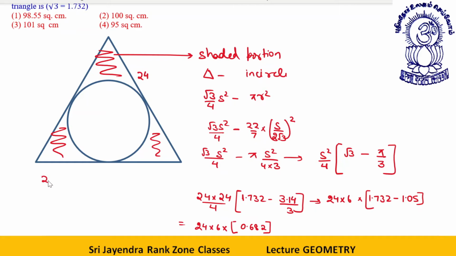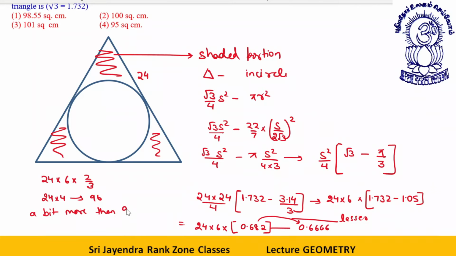If I write it like this, can I read it as 0.666? 0.66 is 2 by 3. I am assuming it to be a lesser number, so whatever answer I'll be getting will be a little bit lesser than the original answer. So this gives me 24 into 4, or 96. My answer will be a bit more than 96. So that gives me 98.55.